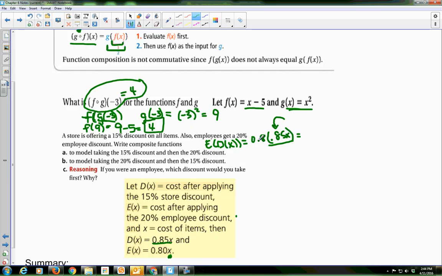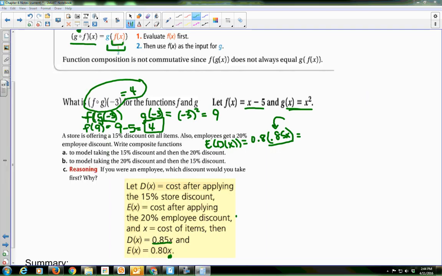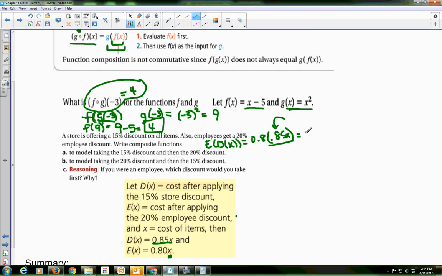So 0.8 times 0.85. Let's get out our calculator. 0.8 times 0.85 is 0.68. So our first discount, e of d of x, is equal to 0.68x.